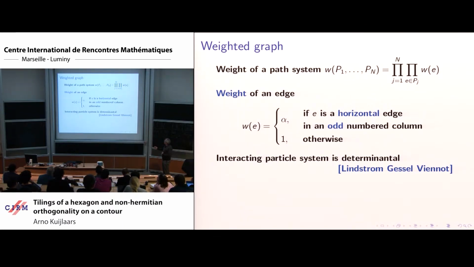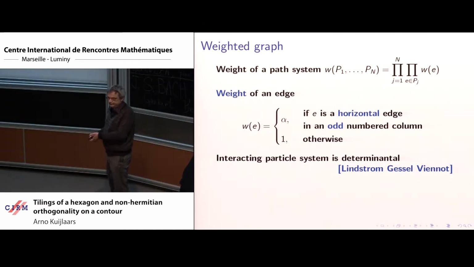And then again, the probability of a path system is proportional to its weight. If you view it from this, you can use well-known results due to Lindström and Gessel-Viennot to see that such a system of paths, a particle system, becomes determinantal. Right? That is a very general fact.